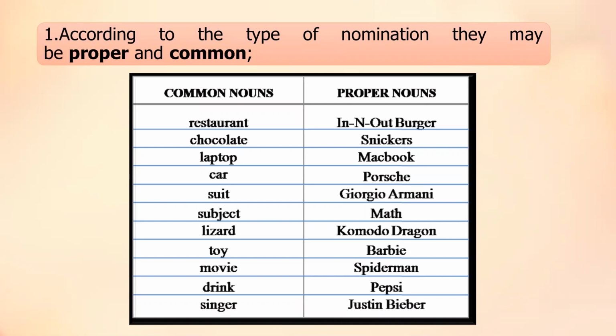In its own turn, proper nouns name or identify some particular individual person's name, or names of places, or names of events, or things. Proper nouns have unique reference and are usually capitalized. As you see in our table, the proper nouns with the names of persons, places, events, or things, and the common nouns.